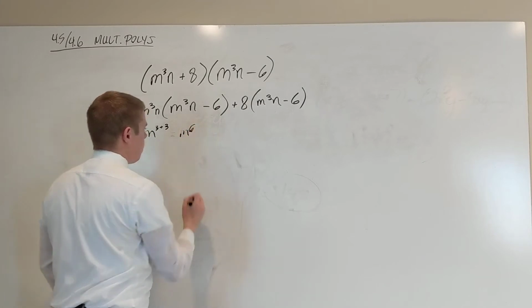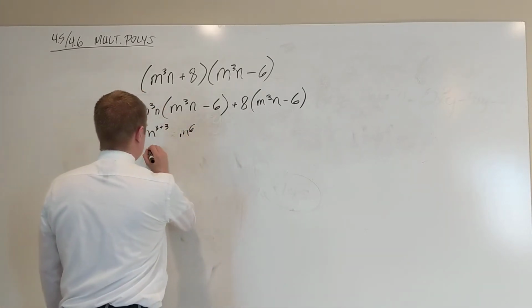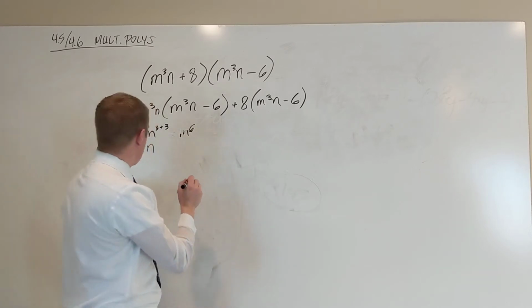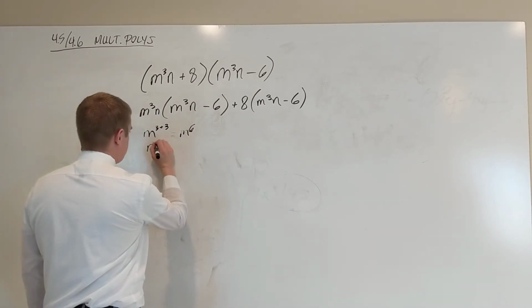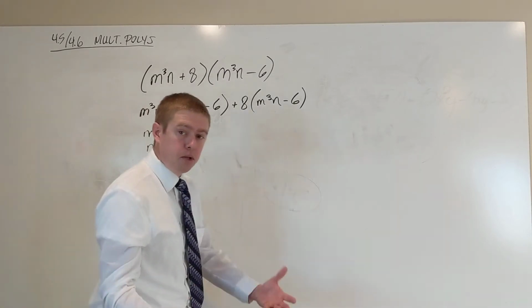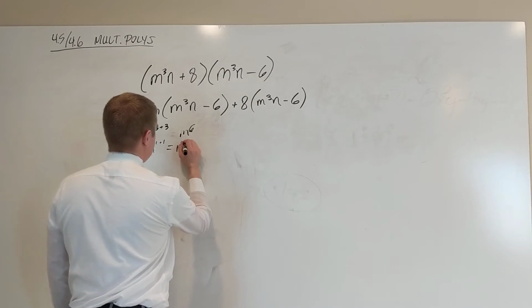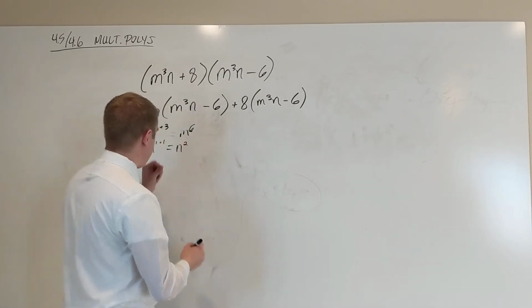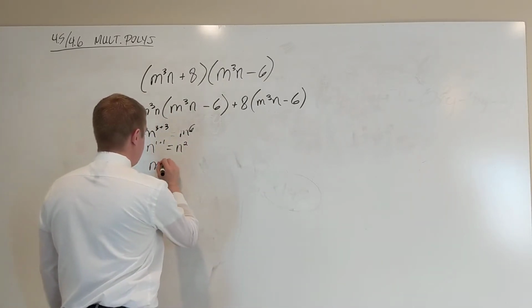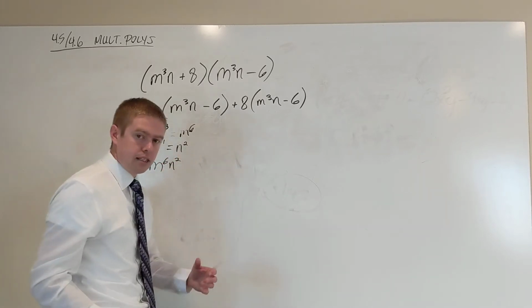Okay, m to the 6th. And then we have n to the first plus n to the first, so n to the 1 plus 1, and it becomes n to the second. Now we can combine these together and we have m to the 6th n to the second.